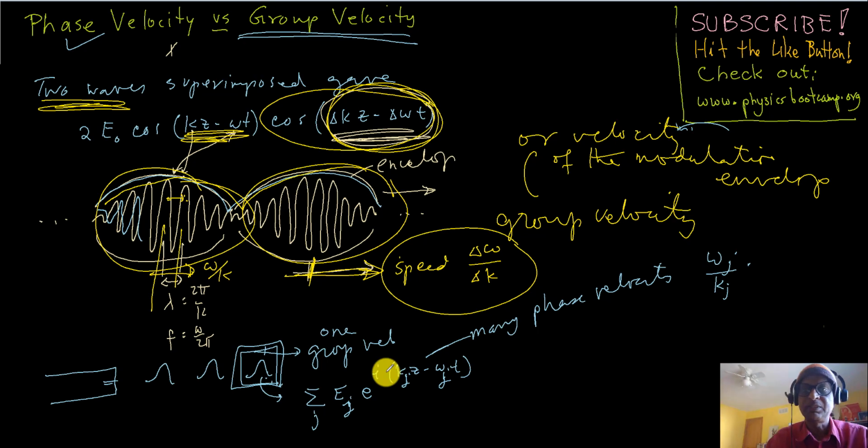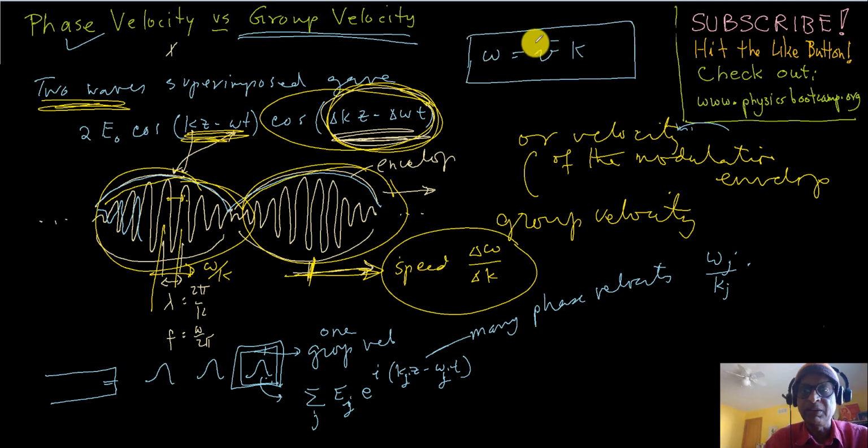But suffice to say that omega is actually v times k, this is the fundamental relation, and this can be a phase velocity or group velocity depending on what v is.